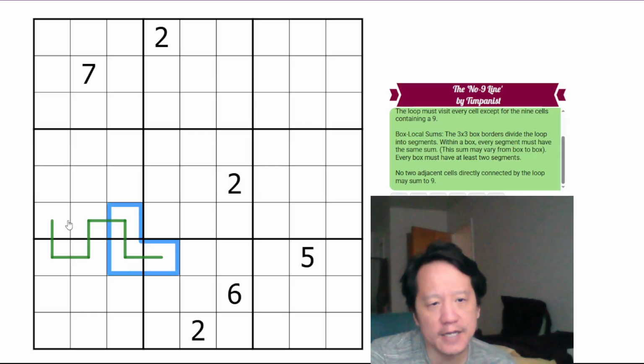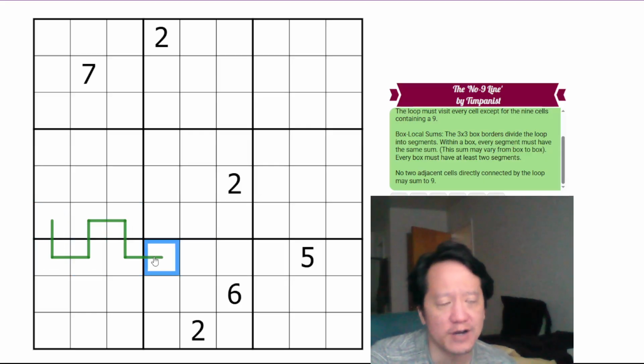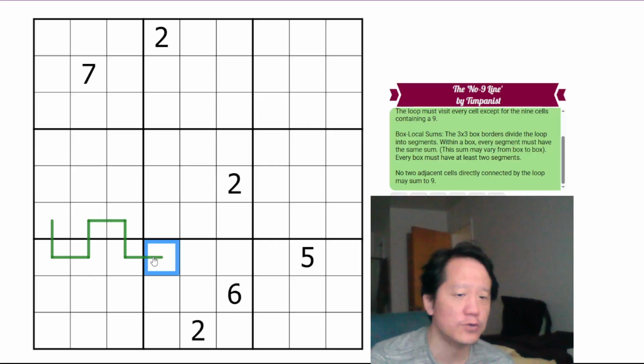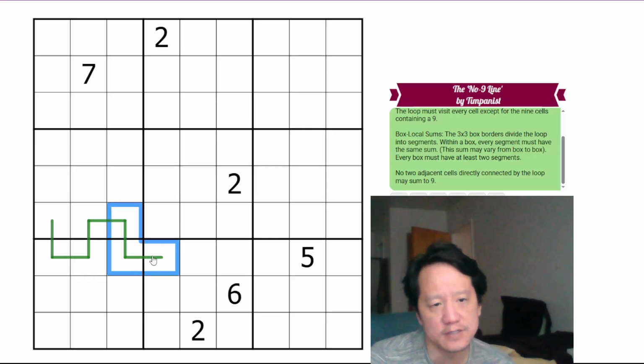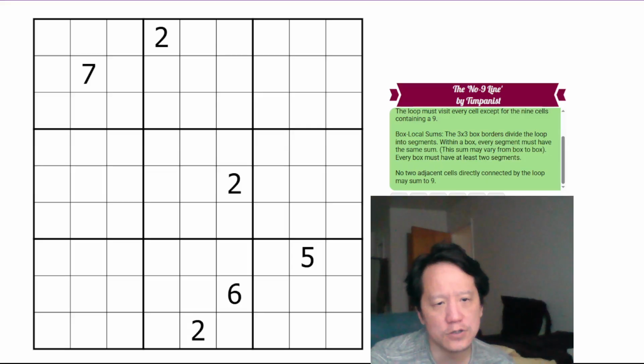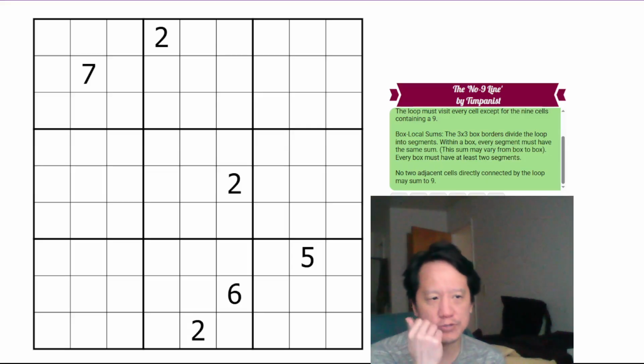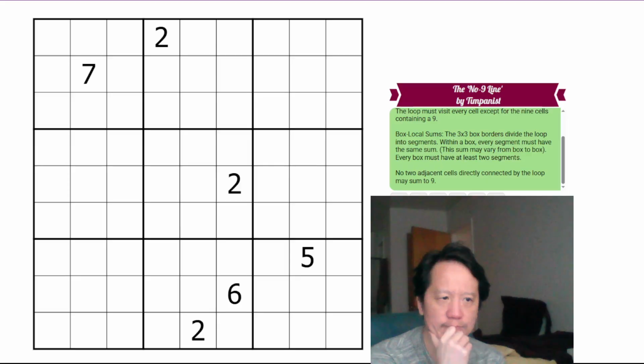Because to get in and out for a corner box 3 times, you have to use both of these sets here to get in and out. And that's just not going to work. So the corner boxes are always going to be 2 segments. The side boxes and the center boxes could be divided into 3 segments.